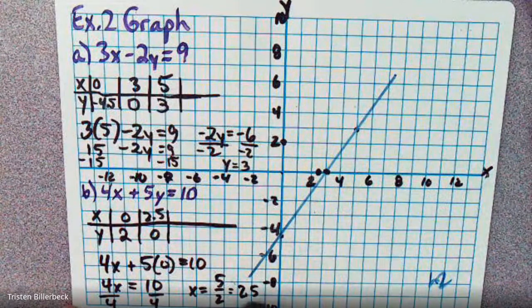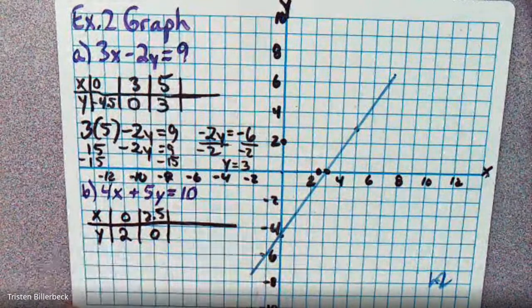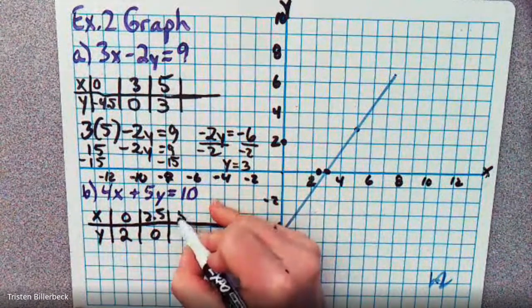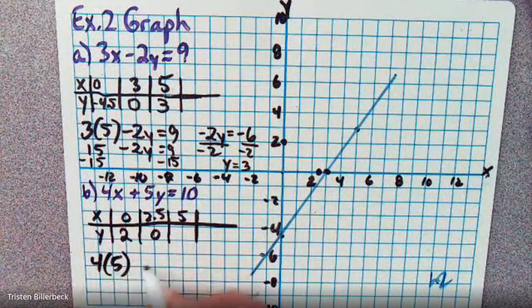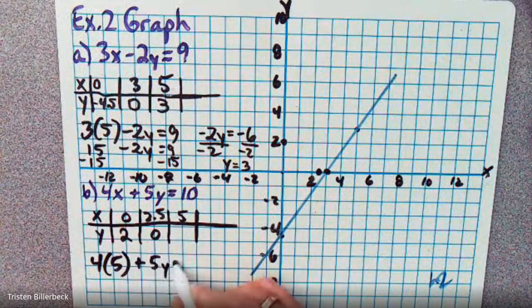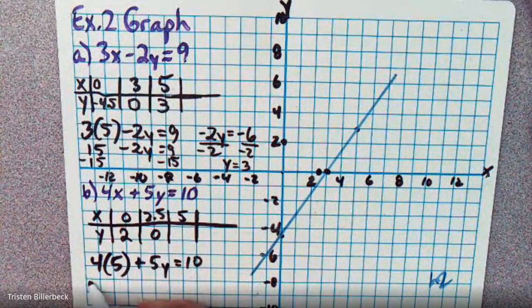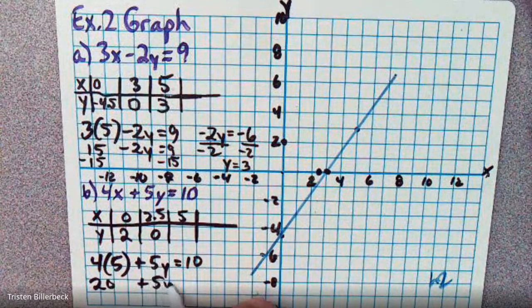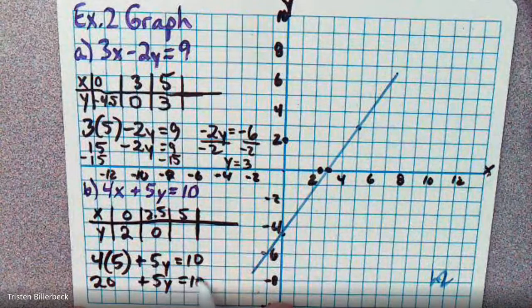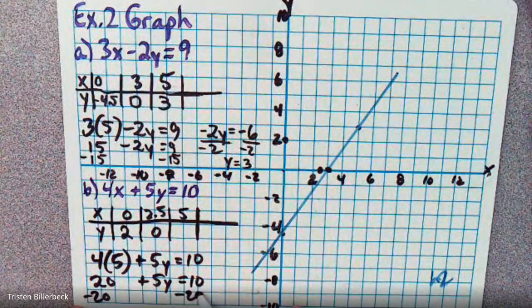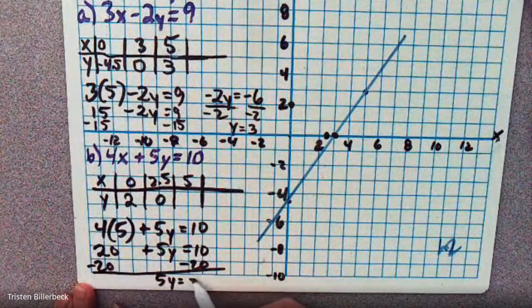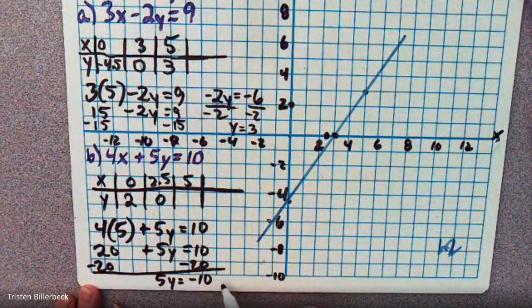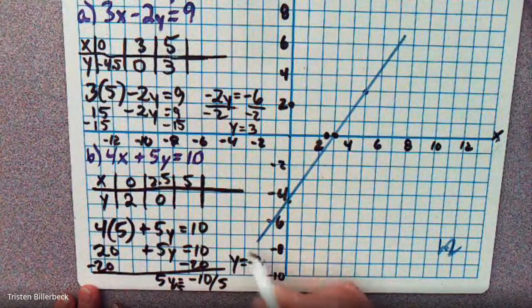All right, so now let's try a bigger number. So how about x is 5? So when x is 5, we have 4 times 5 plus 5y equals 10. So this is 20 plus 5y equals 10. And when I subtract the 20, I get 5y equals negative 10, which when I divide by negative 5 on both sides, I get y equals negative 2.